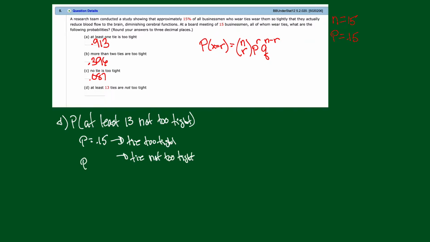So what's this P going to be? Probability of a tie not being too tight must be 0.85. That's what we're going to use for our P value. Now I see that we've got at least 13 not too tight. And here's that at least business again, right? At least. So I will think opposite.